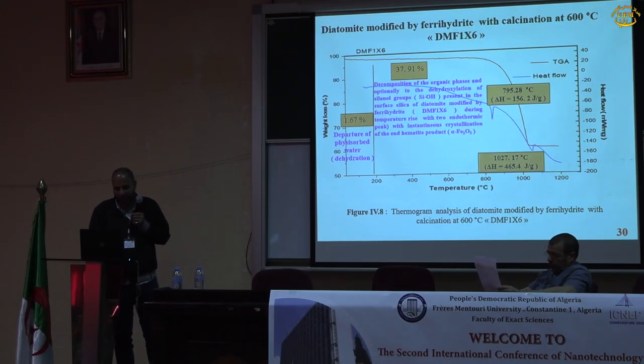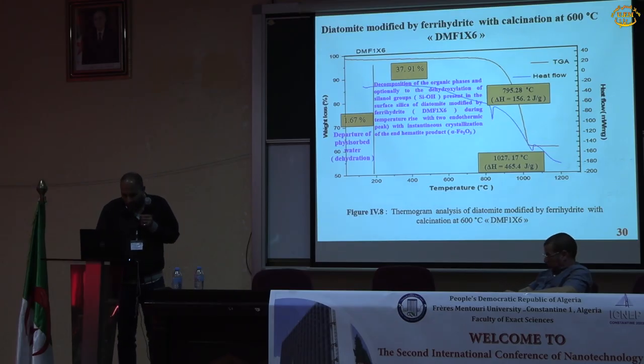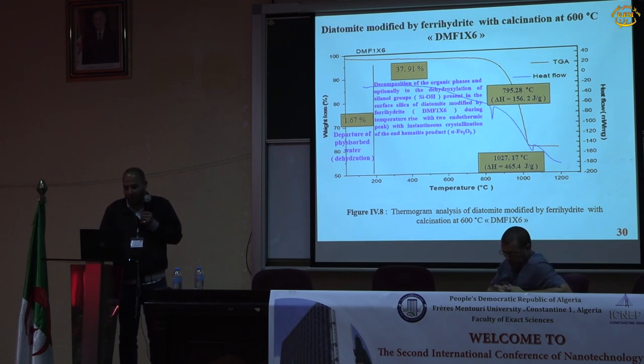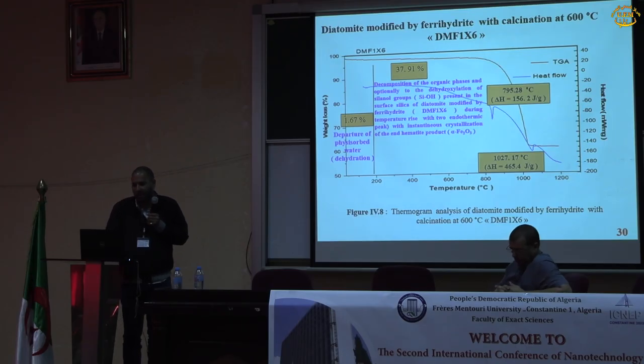For the first phase, between 50 and 200 degrees, with a weight loss of 1.67%, is the departure of physisorbed water, and the second phase, between 200 and 1020 degrees, with a weight loss of 37.91%, is the decomposition of organic phase and optionally dehydroxylation of silanol groups, and we obtain hematite products.